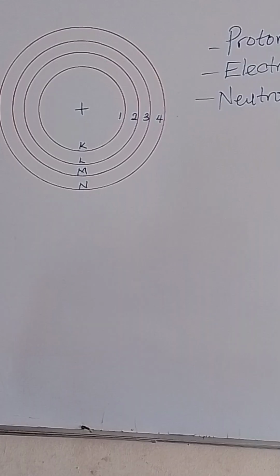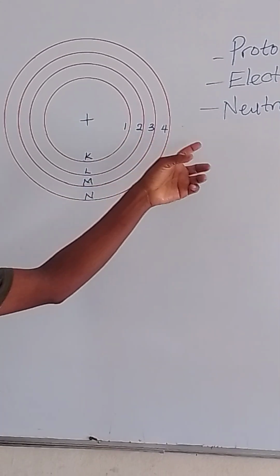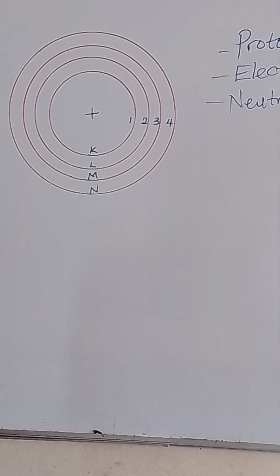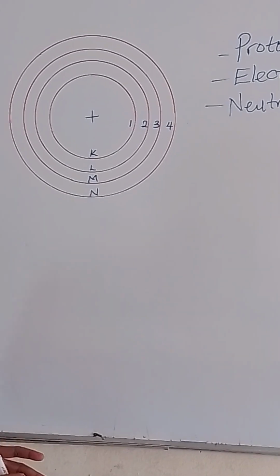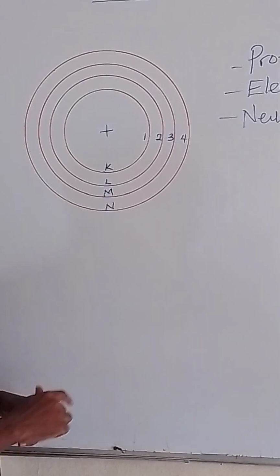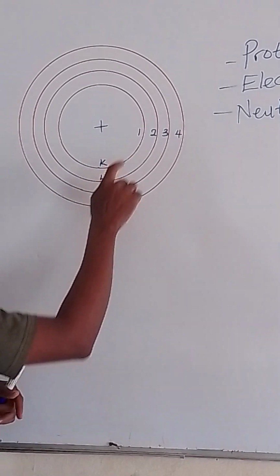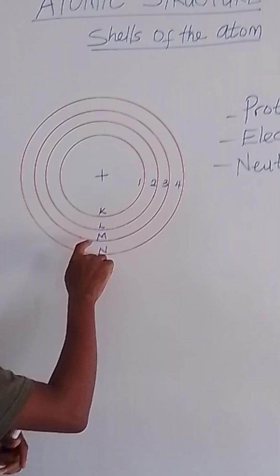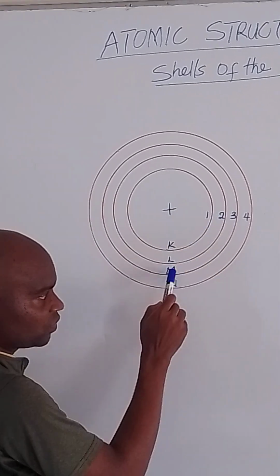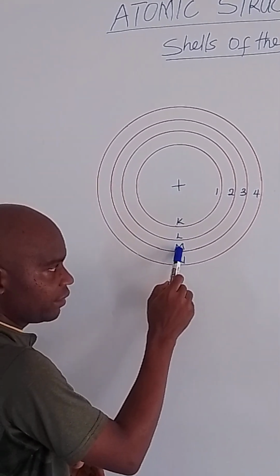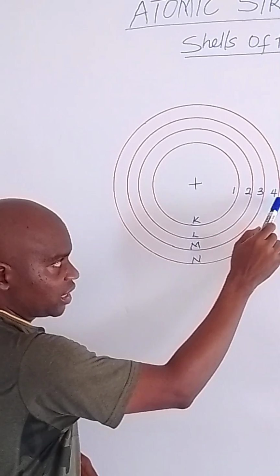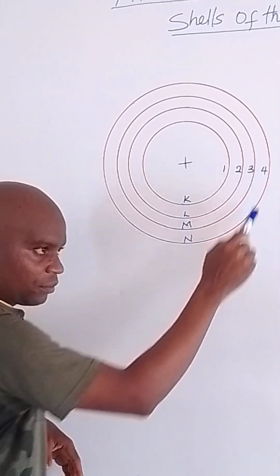This numbering corresponds to what we call the energy level. So by this we simply mean the energy level of the K shell is 1. The energy level of the L shell is 2. The energy level of the M shell is 3, while that of the N shell is 4.